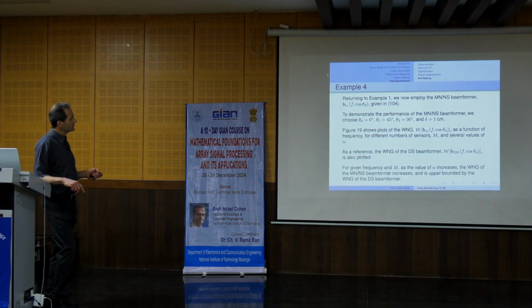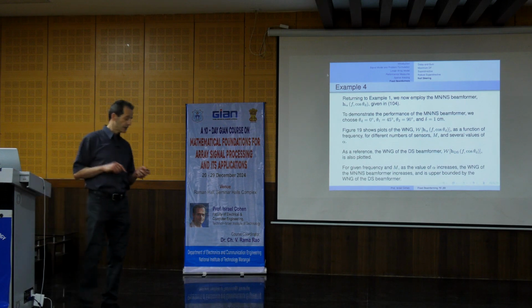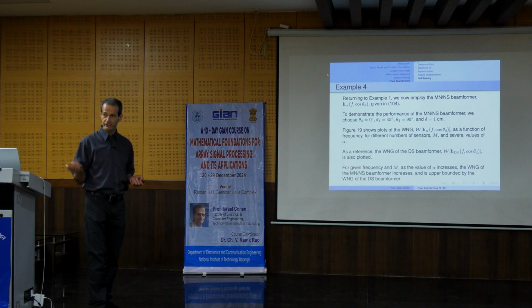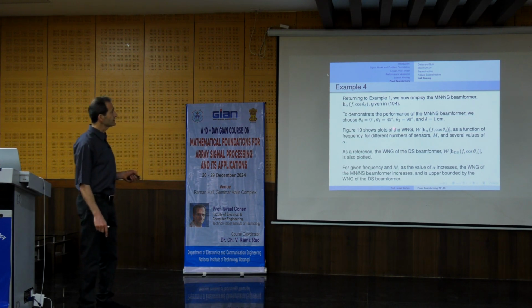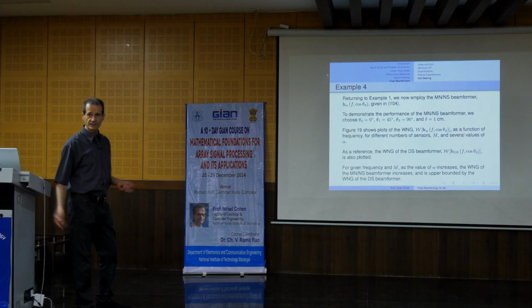So let's try to find this beamformer with constraints on directions. The desired direction will be 0 degrees, the endfire, if we talk about a linear array. And then we have interferences from 45 degrees and 90 degrees. The distance between two elements is 1 centimeter. And we can change the number of sensors.